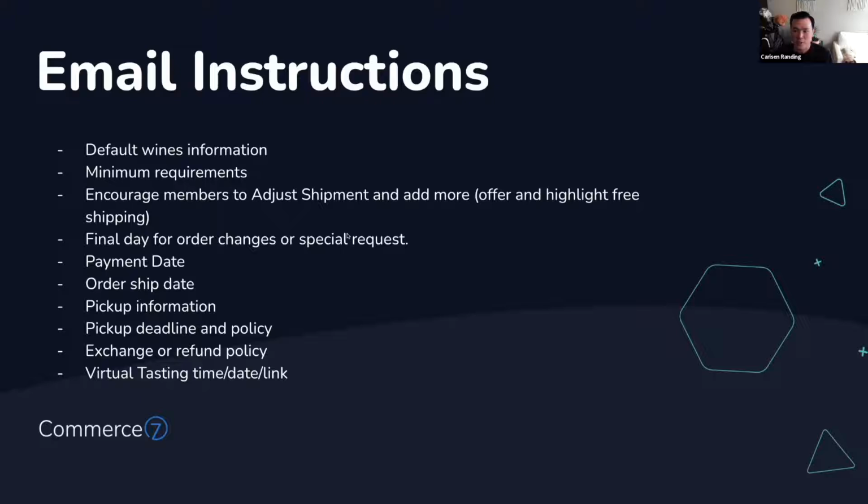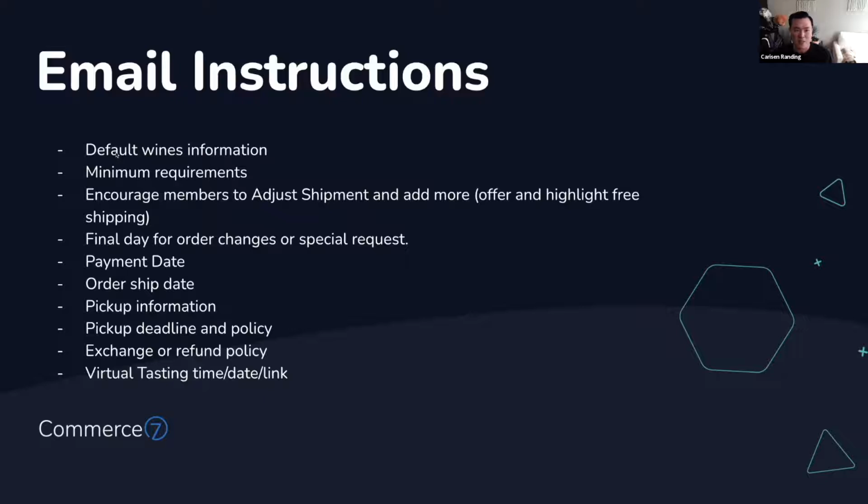And then it's also an opportunity for you to encourage your customers to adjust their shipment and add more wine. Because we've seen that if customers adjust their shipment, their average order value goes up. So the email instruction, because it's sent 2 weeks and 2 days before the process date, is a good opportunity for you to inform your club members and also encourage them to adjust their shipment.